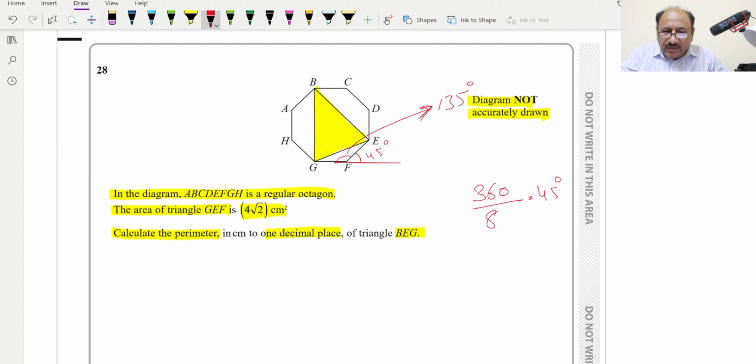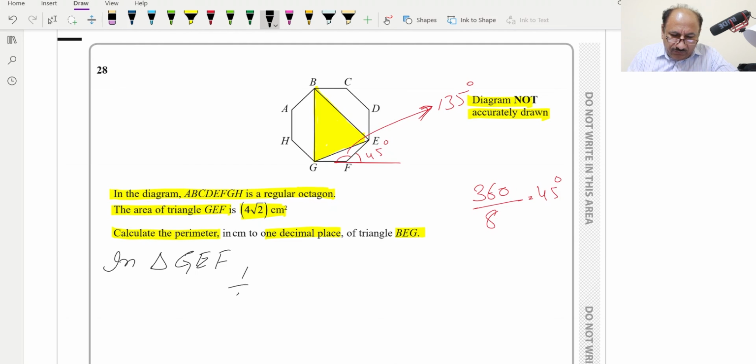Now we have angle GFE. So in triangle GEF, we can find the area of the triangle, but we need to find GF.